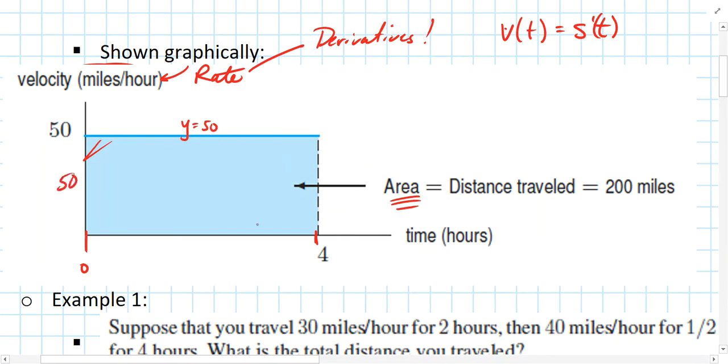So we've got 50 times our width, 4. 50 times 4 gives us the 200. And the units, miles per hour times hours, end up reducing to miles. So that's interesting. The area under this straight line represents our total accumulated change, or accumulated distance, that's been traveled.